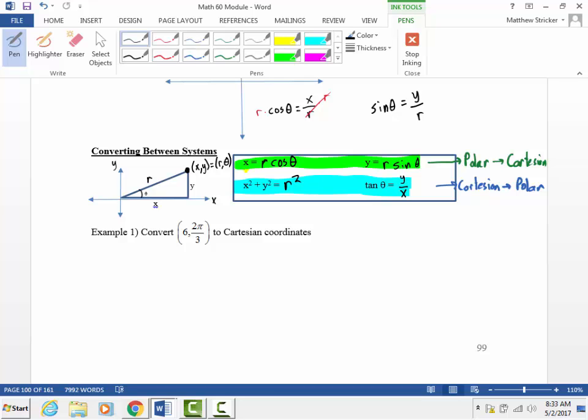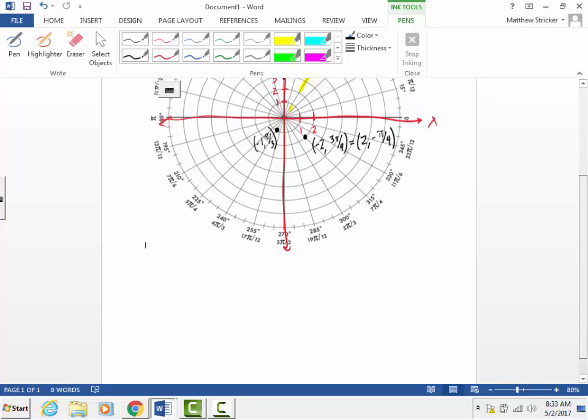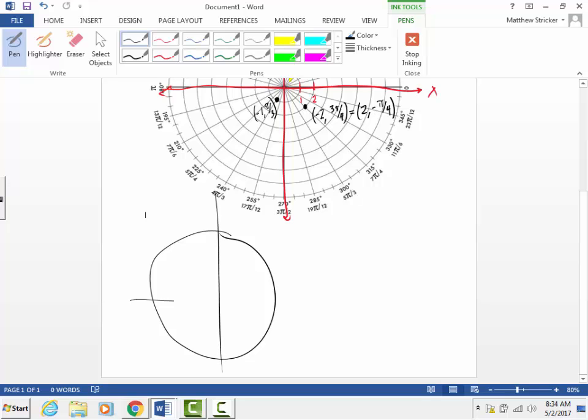We need a little review of the unit circle. If I have a unit circle, I can tell every angle from knowing the first quadrant. This point here is 1, 0.